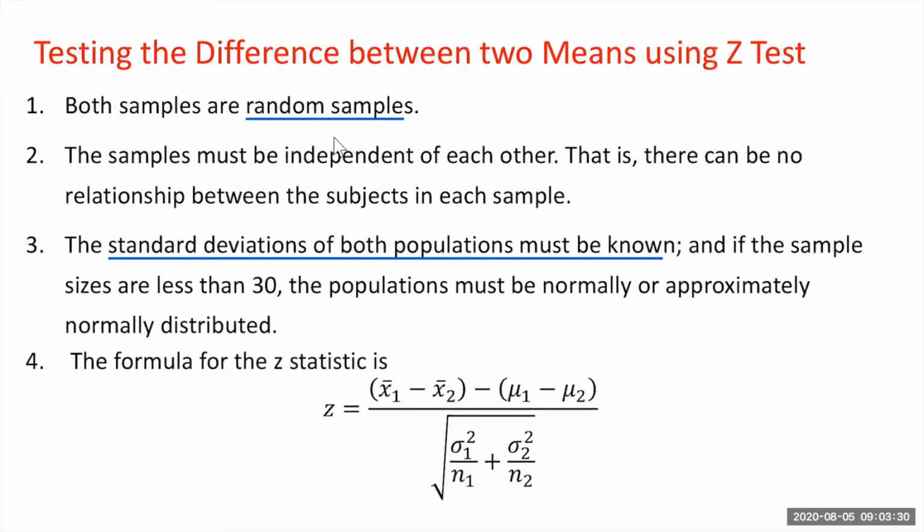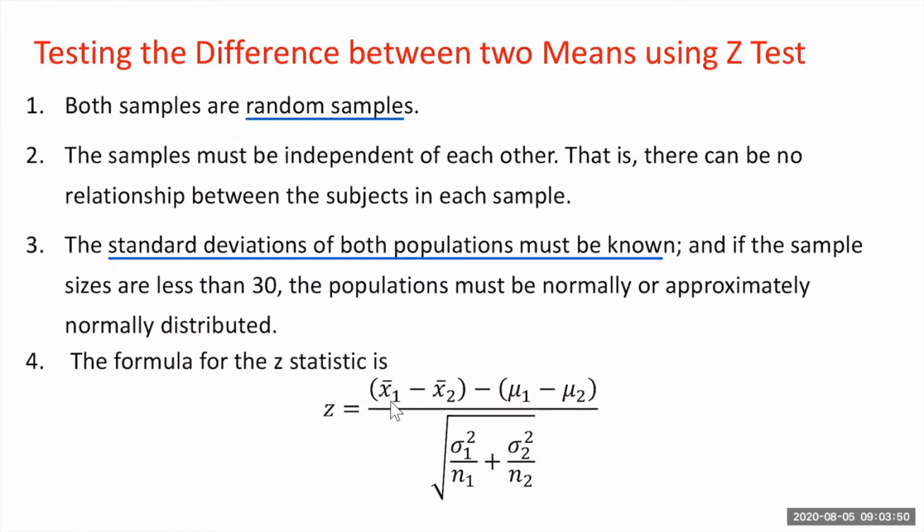And from the previous class, you know that when we follow the 5 steps, we must have the z statistic in order to calculate the p-value. So the z statistic for the difference of two means is given by this formula. The formula looks a little crazy, but it's not difficult to use.